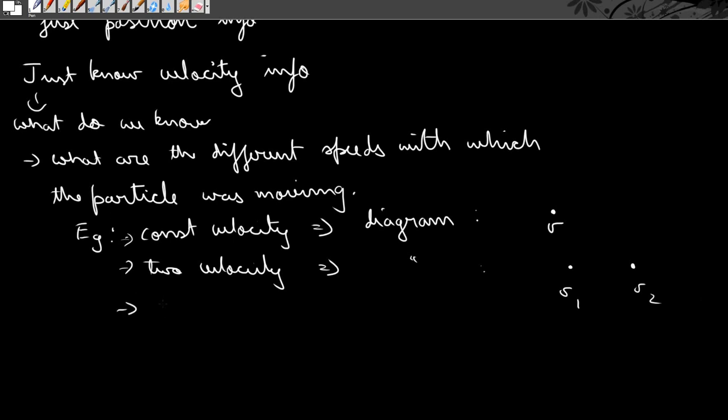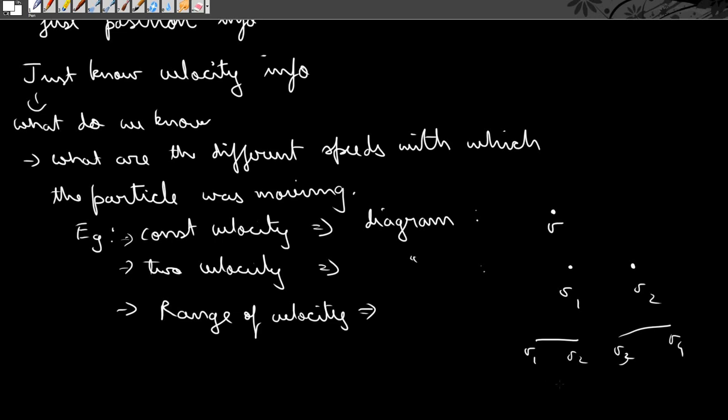Or it can also take some range of velocities. And it need not be a continuous range. So it can just be some range of velocities from v1 to v2 and some other range v3 to v4 and so on.